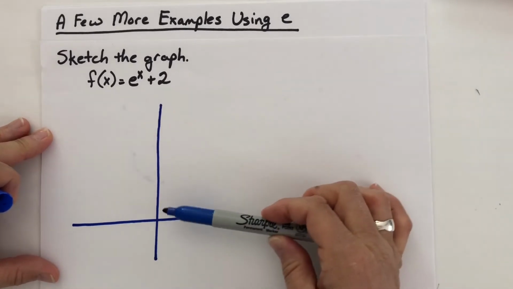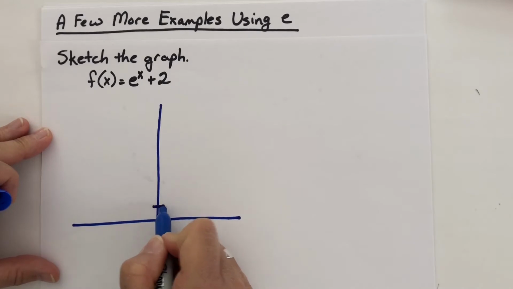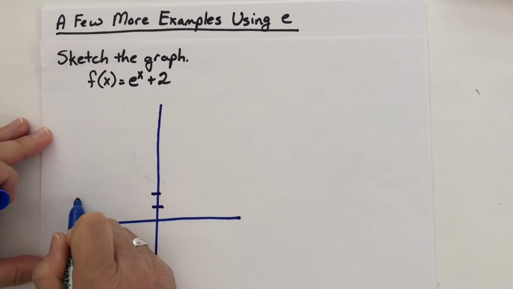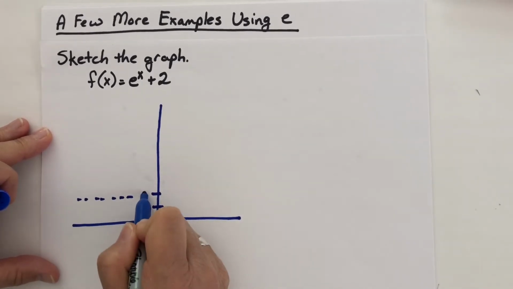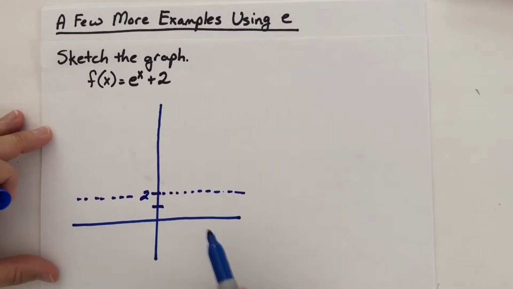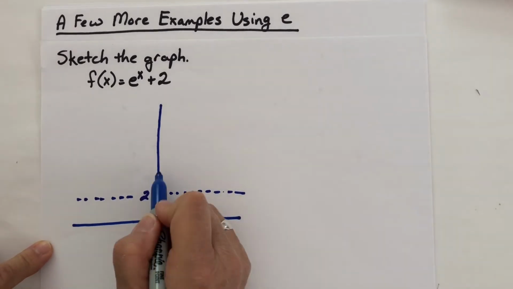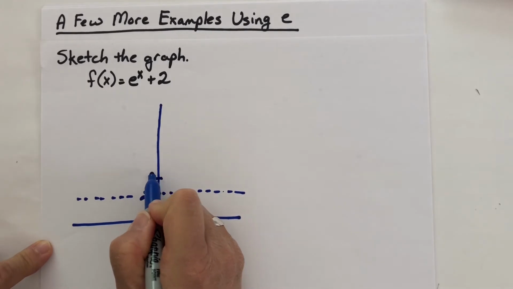So instead of having the asymptote on the x-axis, I'm going to put the asymptote right here at 2. I'm going to put it in with a dashed line so that would be clear. Instead of having my y-intercept at 1, it is also moved up 2 units, so it's now here at 3.